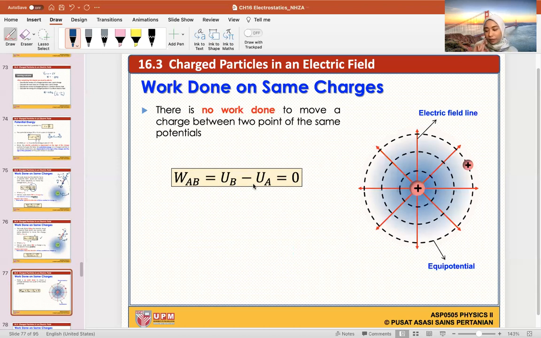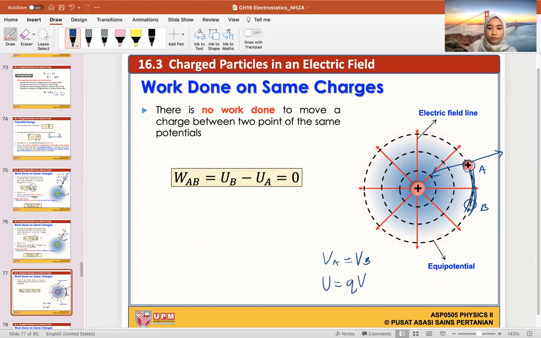If I move my test charge from this point to this point, I'm not changing the potential. I'm not going towards a higher potential or towards a lower potential. I'm moving in the same potential, which means that UB is equal to UA. If this is point A and this is point B, VA is equal to VB, right? And the equation for U is QV.